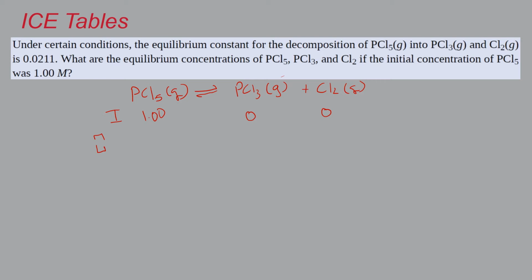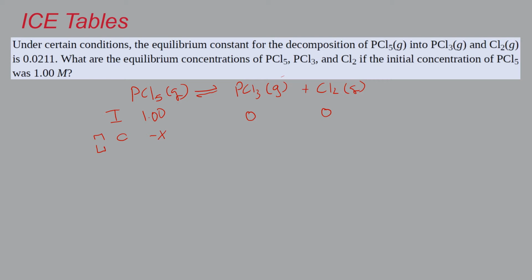Now, from what I said, you can expect some PCl3 and Cl2 to form, which means you're going to lose some PCl5.